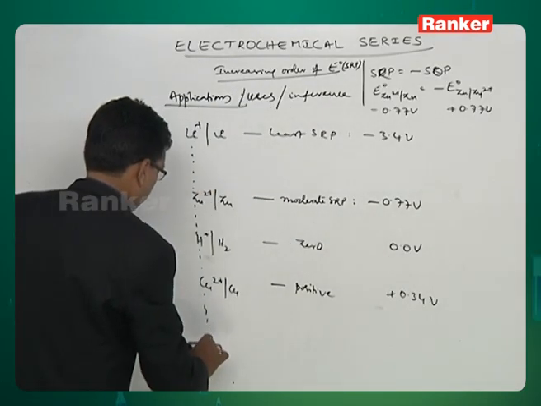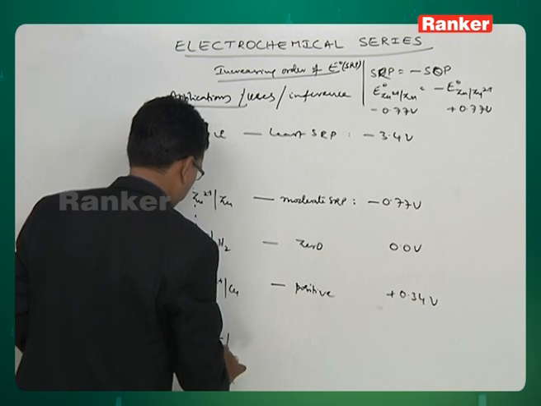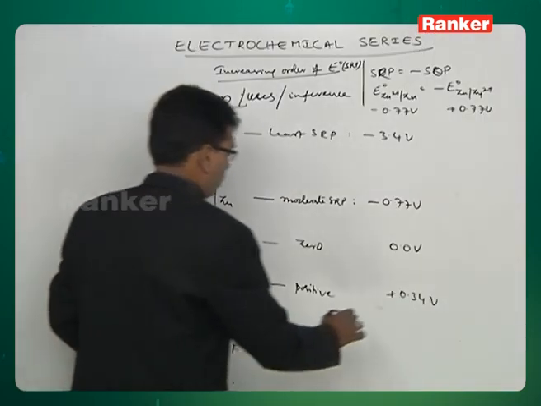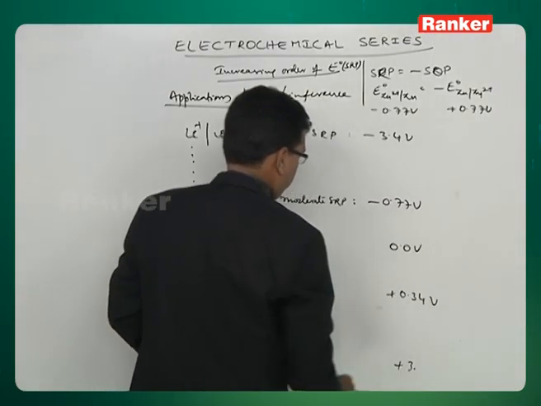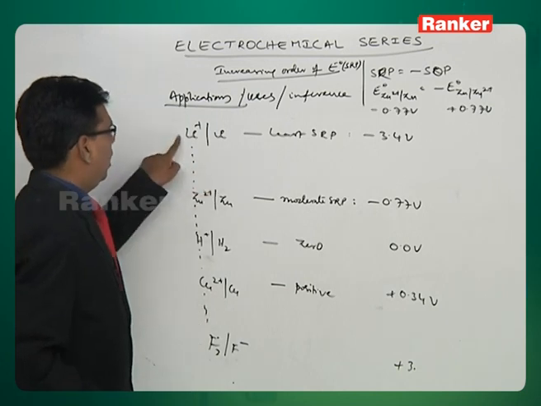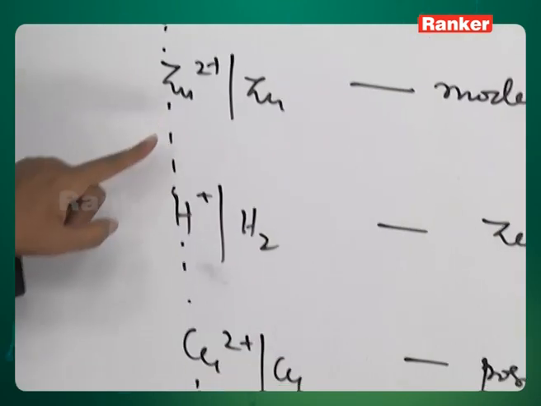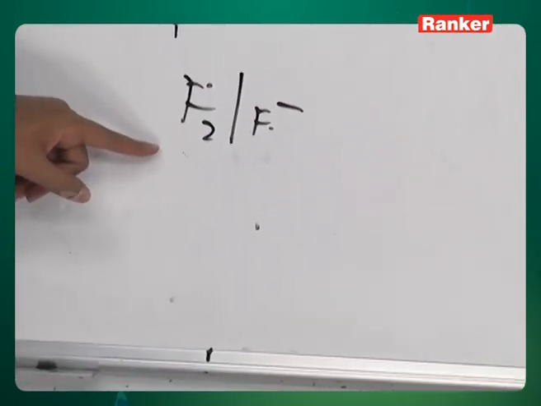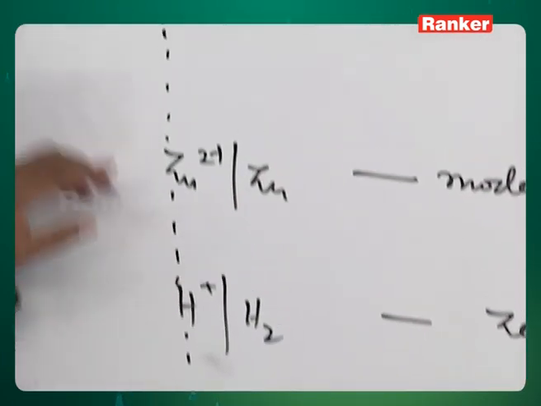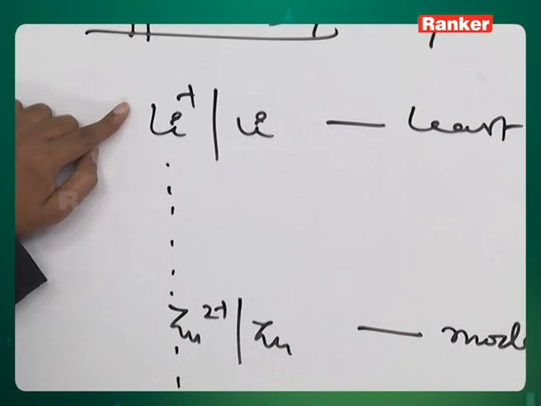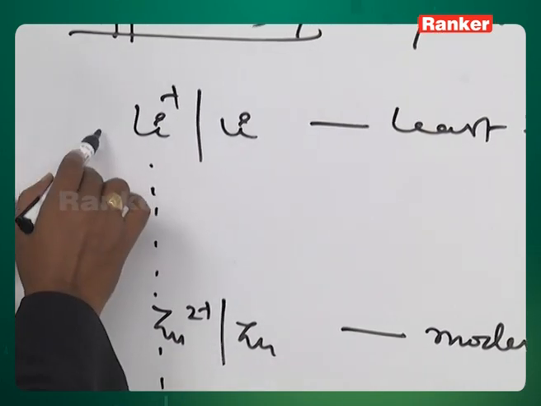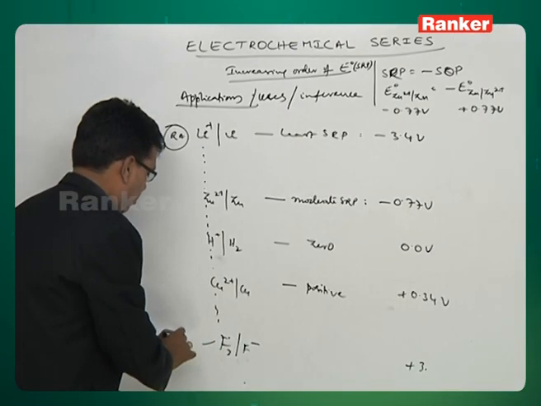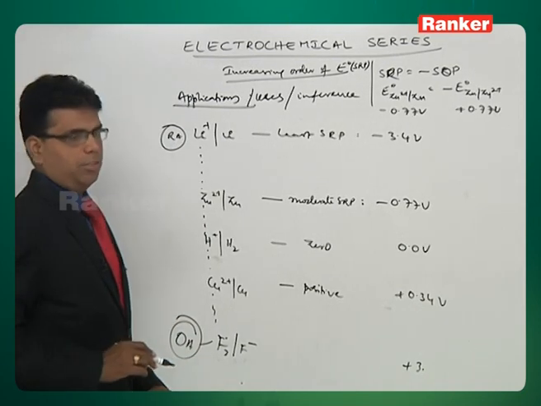And last, of course, fluorine, some plus 3. So, as you can see, highly electropositive, moderately electropositive, hydrogen, least electropositive, highest electronegative. This is the sequence. From this, what you can understand is the element that comes first is a better reducing agent, and the element that comes last is a very good oxidizing agent.